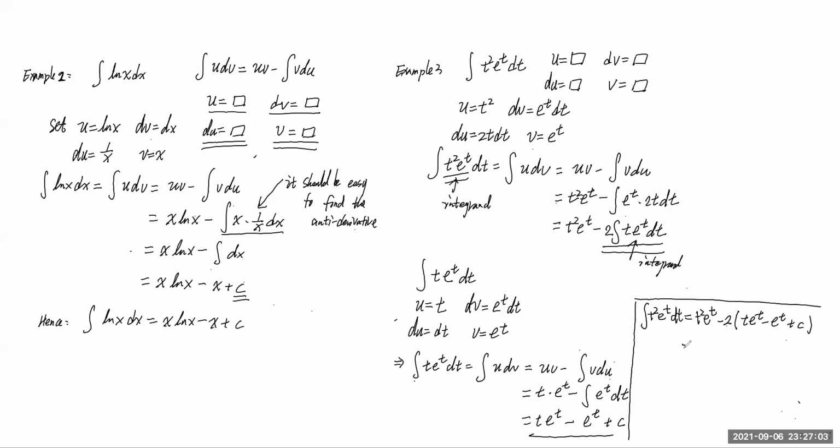So let's simplify. This is t squared e^t minus 2t e^t plus 2e^t minus 2c. It's complicated, right? If you get familiar with the formula of integration by parts, it's not that hard. You need some practice, and finally you will know how to compute this problem.